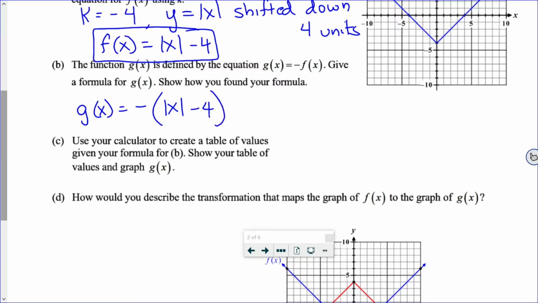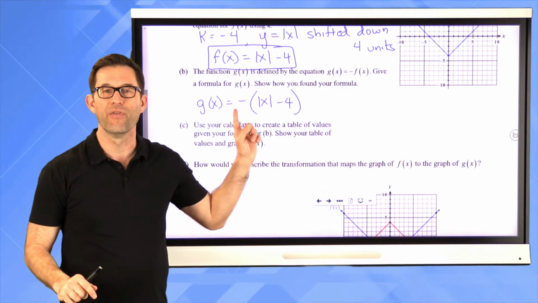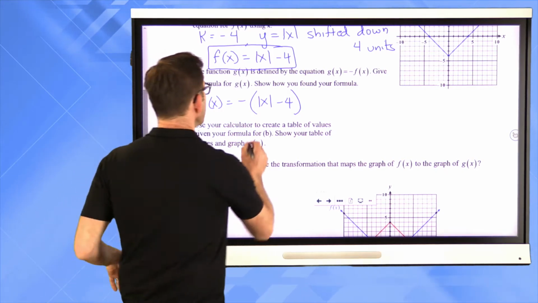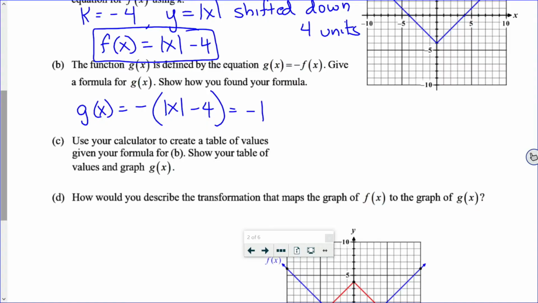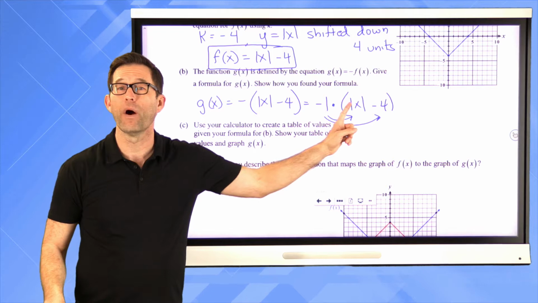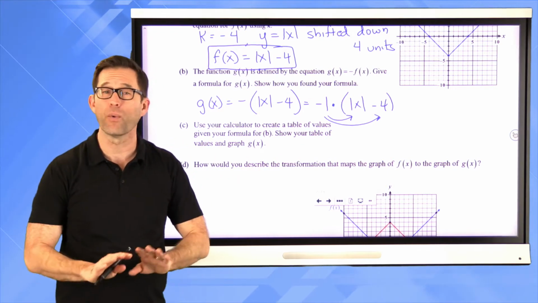Now, we've seen stuff like this before, right? And the way that we want to interpret that really is as -1 times the absolute value of x minus 4, and now I'm going to distribute that through. Now, it would be tempting to put that -1 inside of the absolute value bars, but we cannot do that.